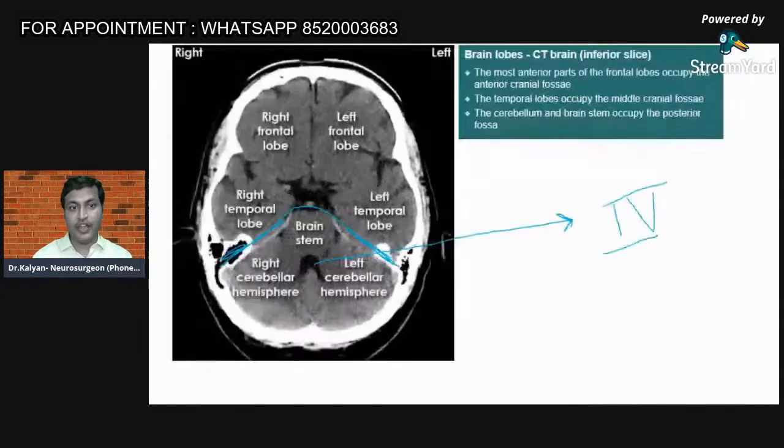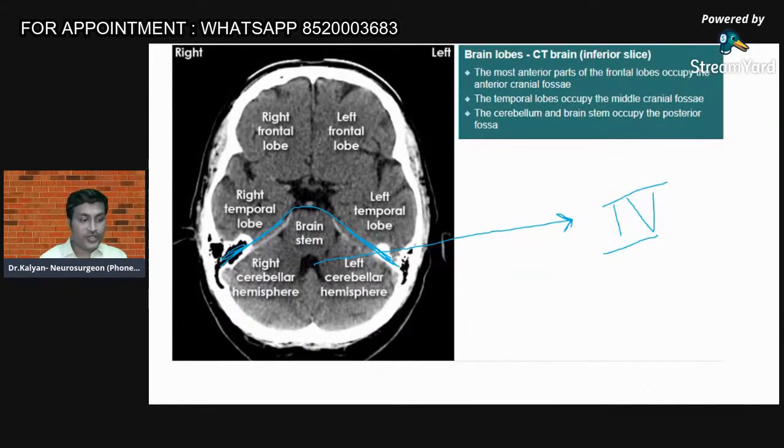One thing which I want you to see, I will proceed further only when you answer this. Can you identify this structure? This structure is a cisternal space. We call that one basal cistern.